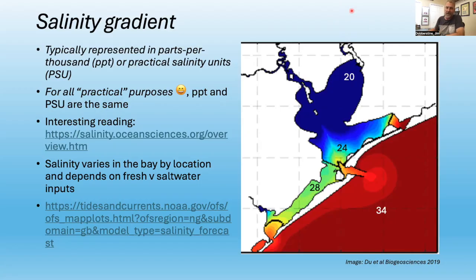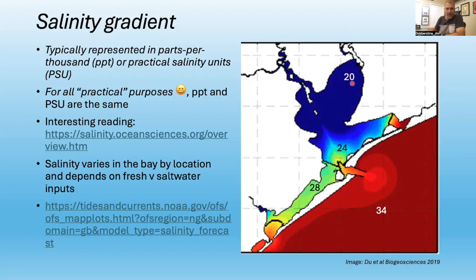This is relatively high to what I would typically see up there, especially over the last several years, where you may see salinities in the single digits, or maybe the lower double digits. So 20 is relatively high for that part of the bay.